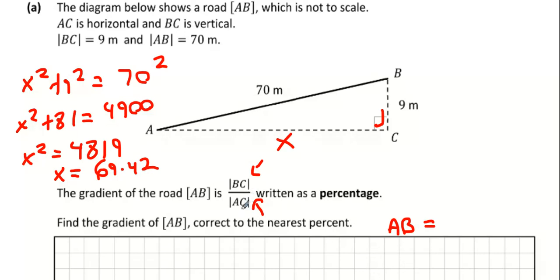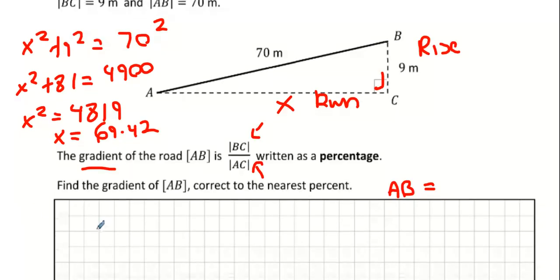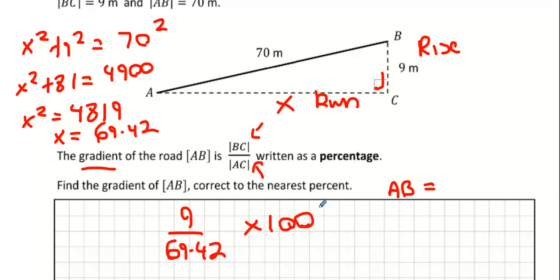Now here's what I'm going to do next. It wants that written as a percentage. It wants BC divided by AC. That's essentially rise over run. Gradient is another way of saying slope. So it's going to be 9 over 69.42, and multiply that by 100 because it wants it as a percentage.